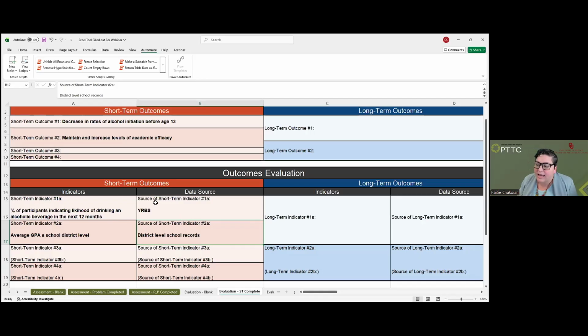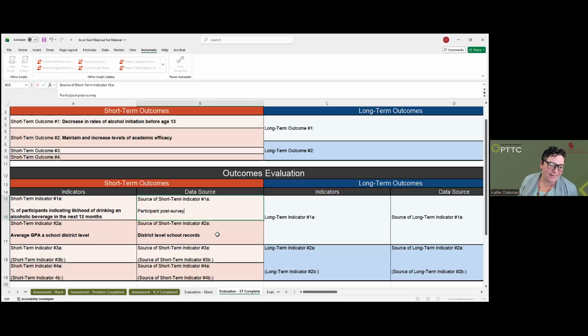And we're going to get that from the YRBS, let's say, or we could even, I'm going to change this. This is going to come from a post survey, participant post survey. And then we're going to say our second indicator is going to be that average GPA on the school district level. We're going to get that from school level records.